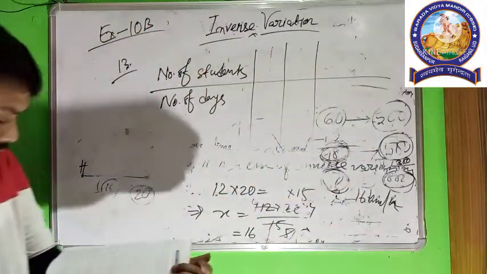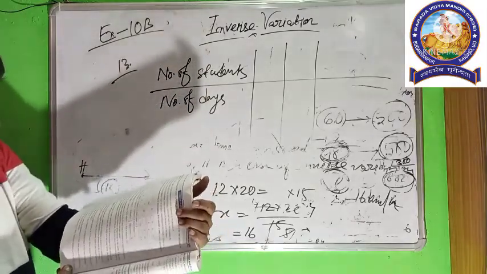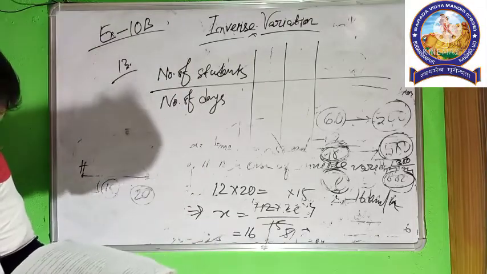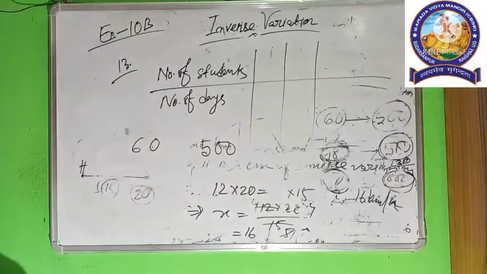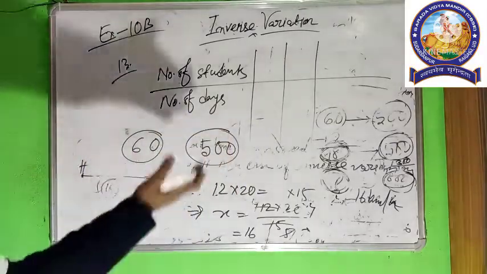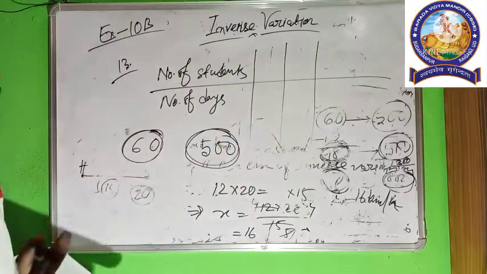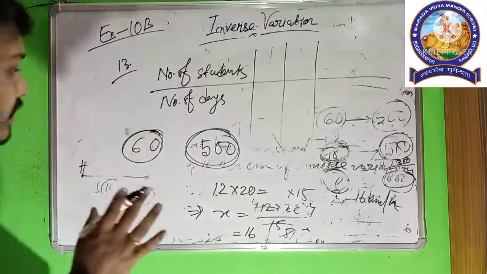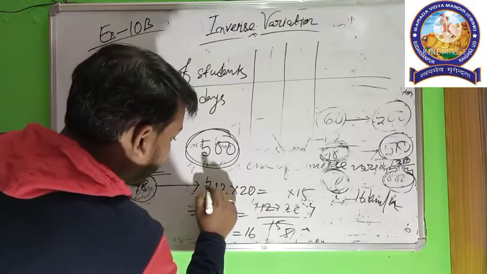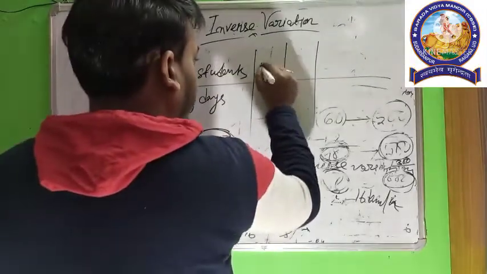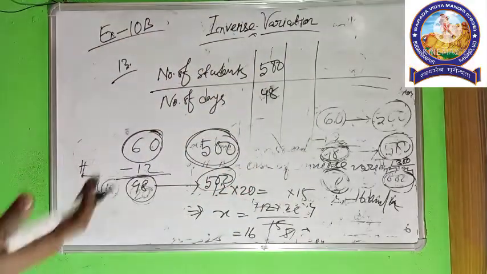The first information: number of students is 500 and it lasts for 48 days. That means they have 48 days of ration.